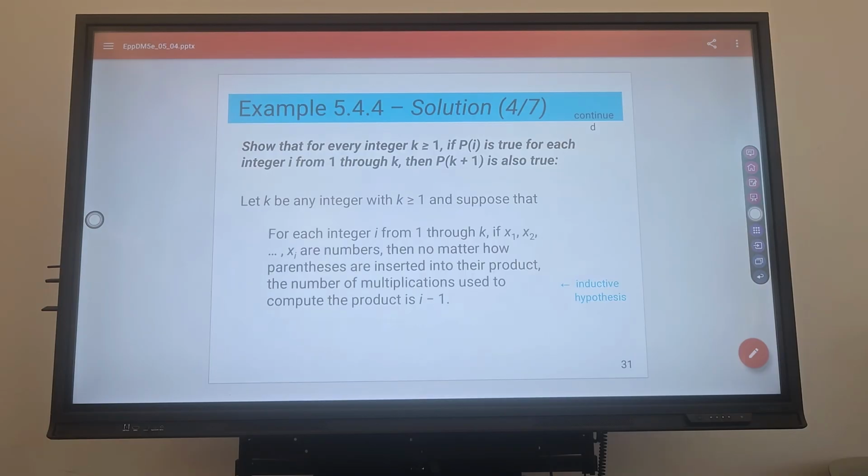So, show that for every integer k greater than or equal to 1, if P of i is true for each integer i from 1 through k, then P of k plus 1 is also true.